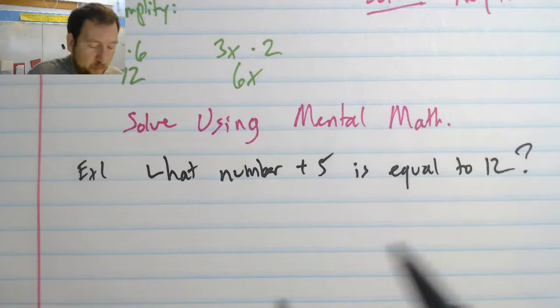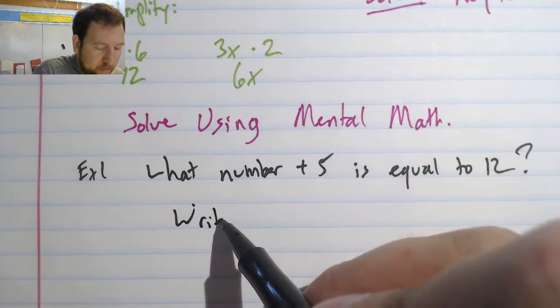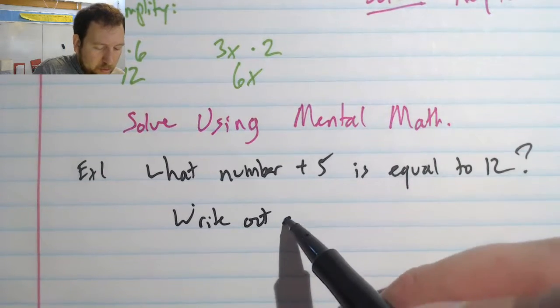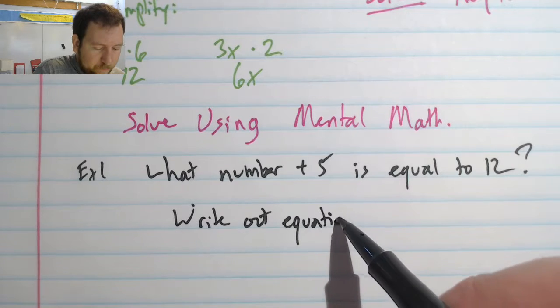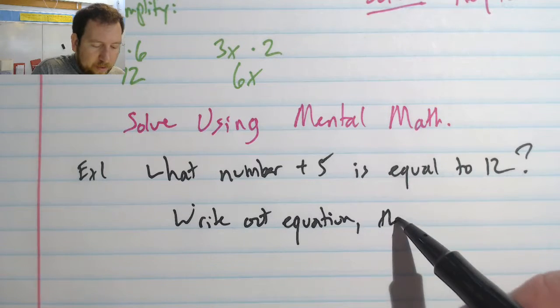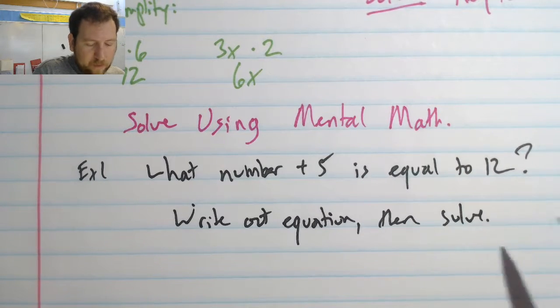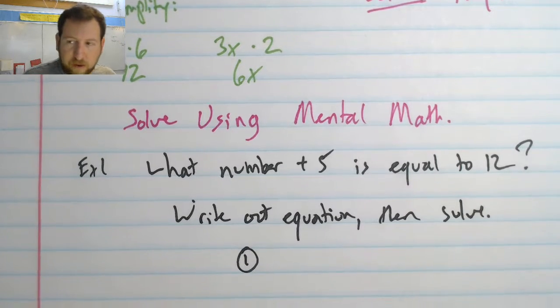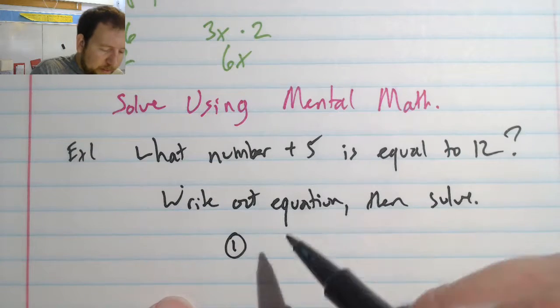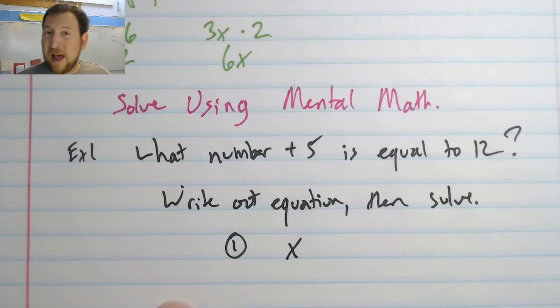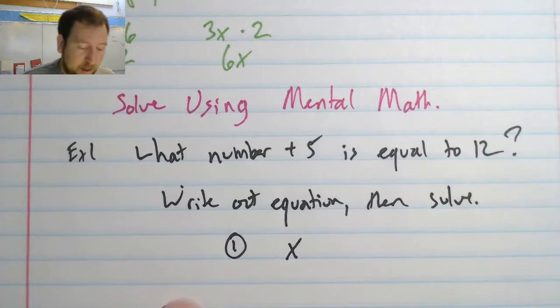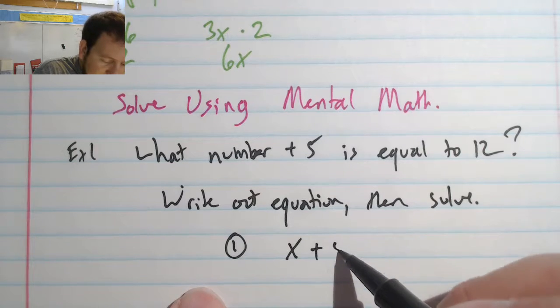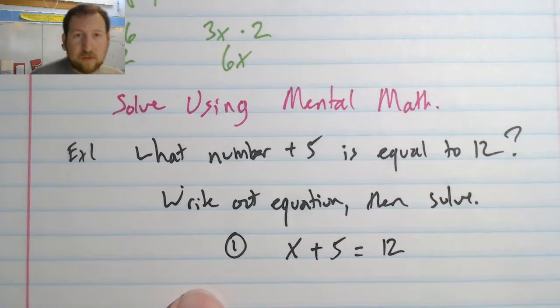This is the minimum work, write it out. Then solve. So my first step would be that would look like this. What number is going to be my x or my variable? I can use whatever letter I like. Plus 5 is equal to 12.